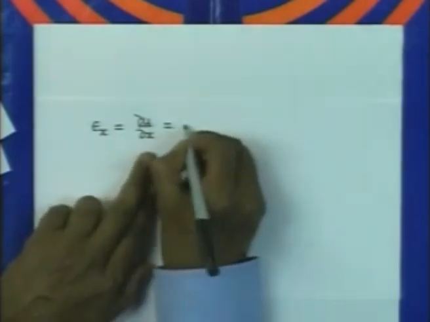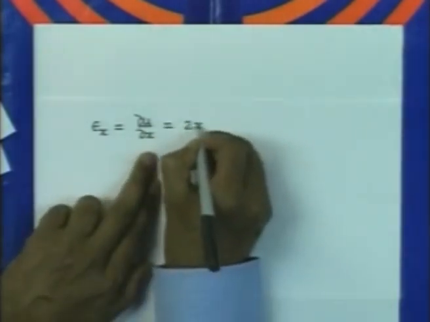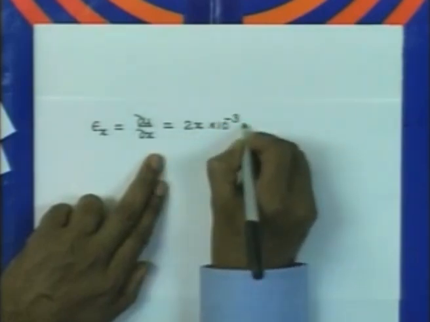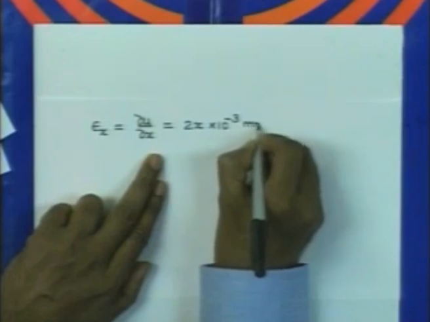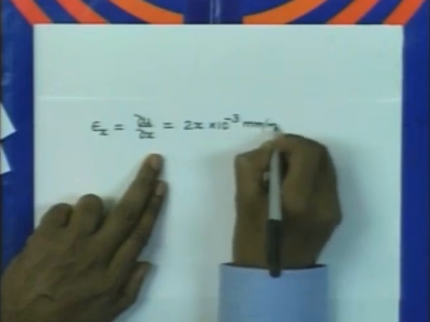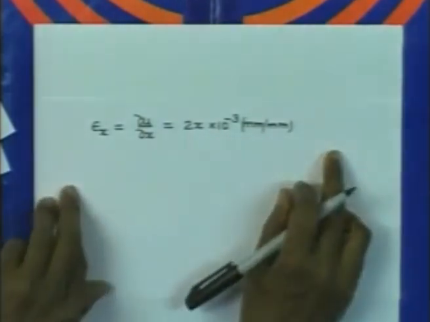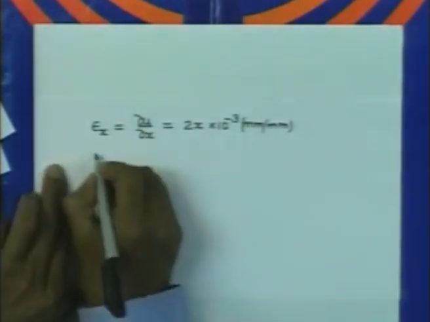So this will be given by twice x multiplied by 10 to the minus 3. So this is millimeter by millimeter. So strains are dimensionless, so henceforth I will not show the units.